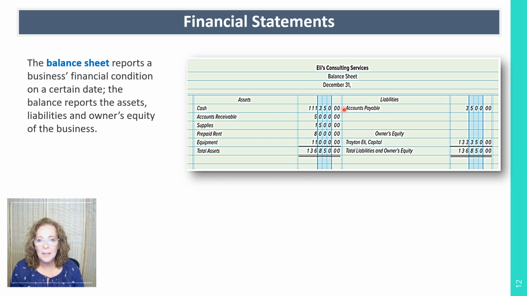On the right side of the balance sheet, Eli's Consulting shows the liabilities for accounts payable of $3,500 and owner's equity of $133,350 for a total of $136,850. And we're still in balance.